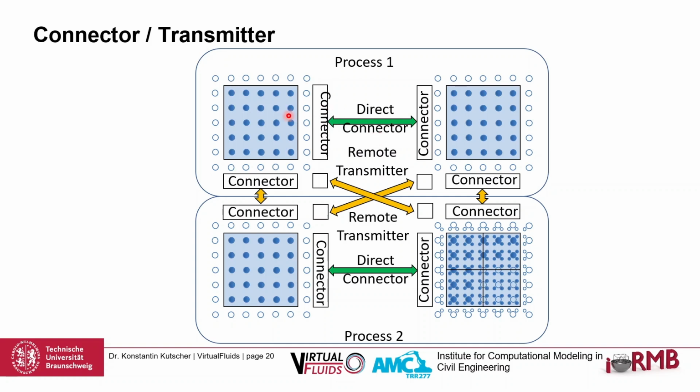If you know the streaming step, on the boundary of a block we stream into this ghost layer, and then in the exchange data step with the full direct connector infrastructure, there is a simple exchange between the ghost layer and regular nodes.